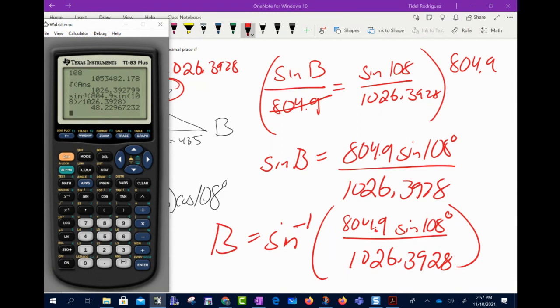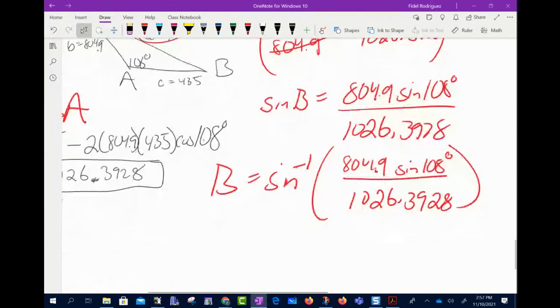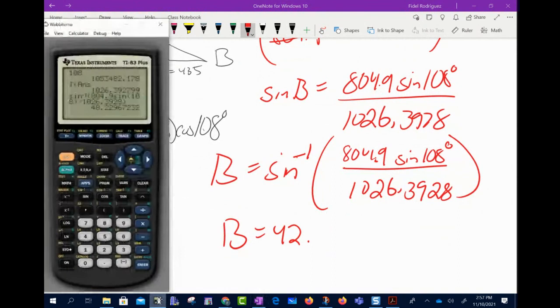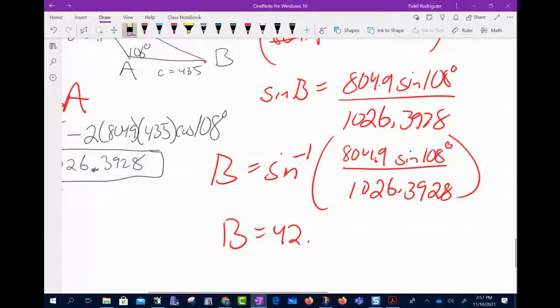Again, I'll figure out how many decimal places I'm supposed to go to, but it had said for intermediate steps go to 4, so that's what I'm doing for right now. 48.2297.